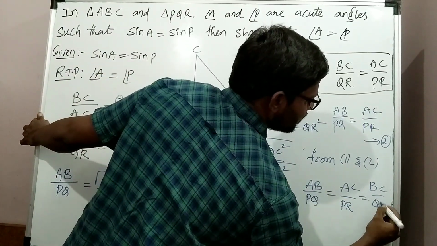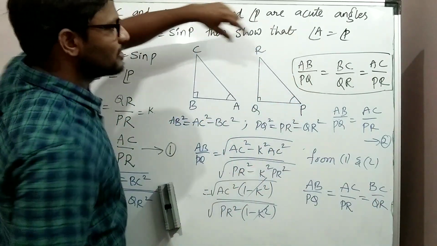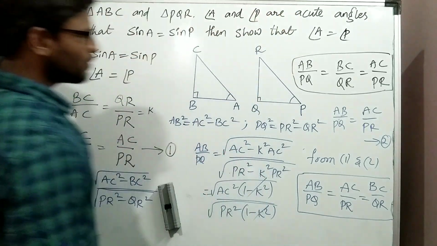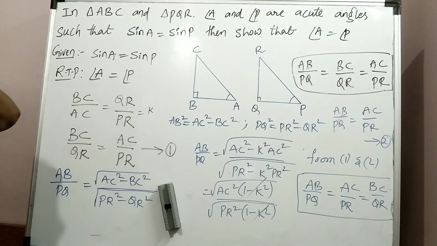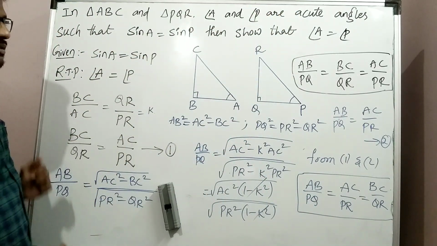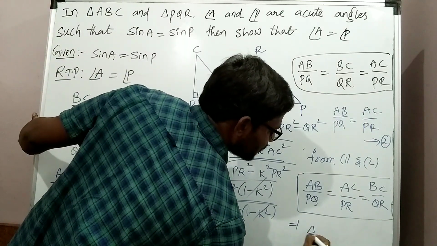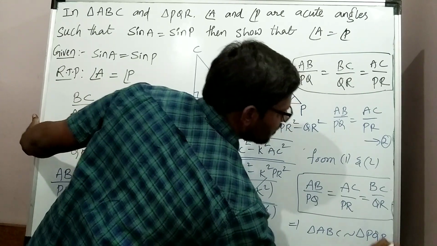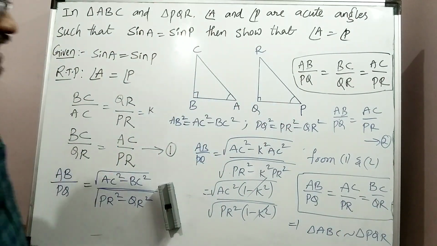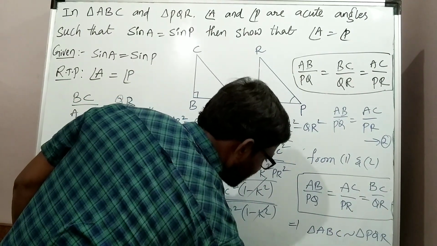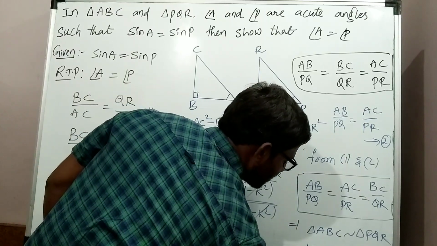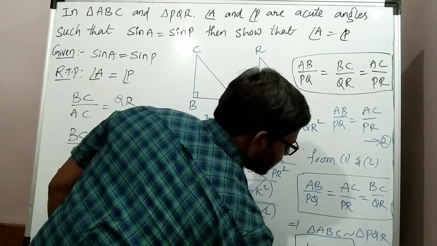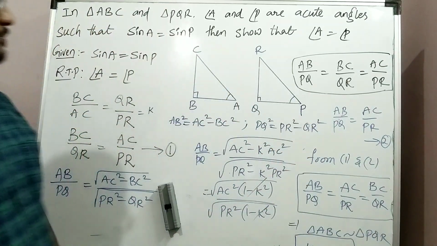We got these three ratios equal. So what we can see? The corresponding sides of these two triangles are proportional. So triangle ABC is similar to triangle PQR, and their corresponding angles are also equal. Here angle A and angle P are corresponding, so angle A equals angle P.